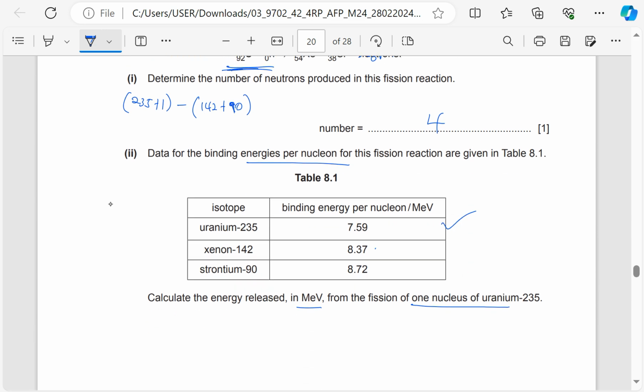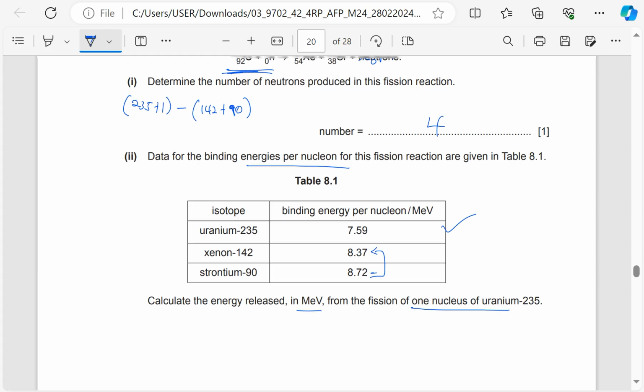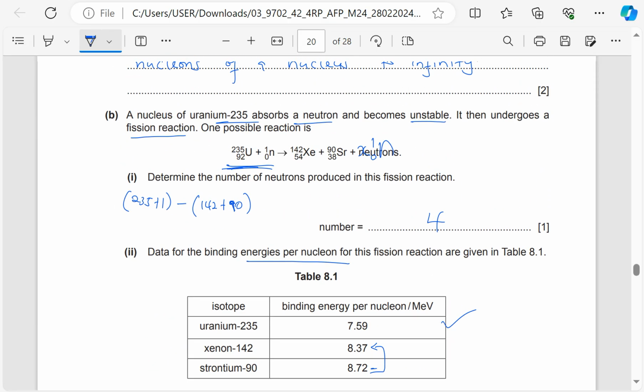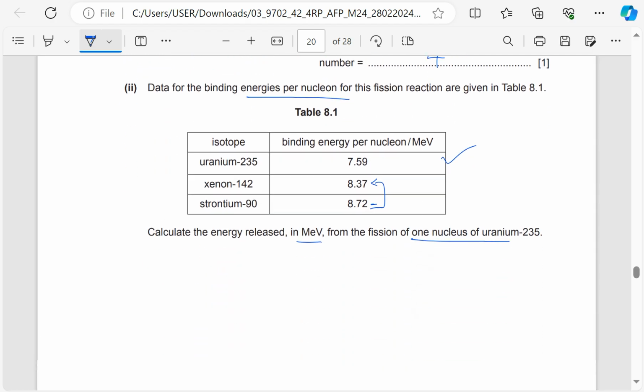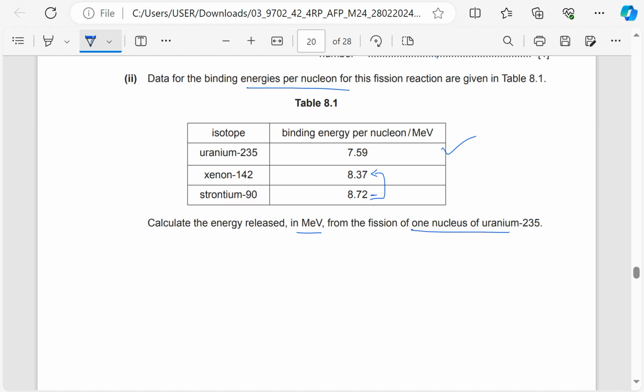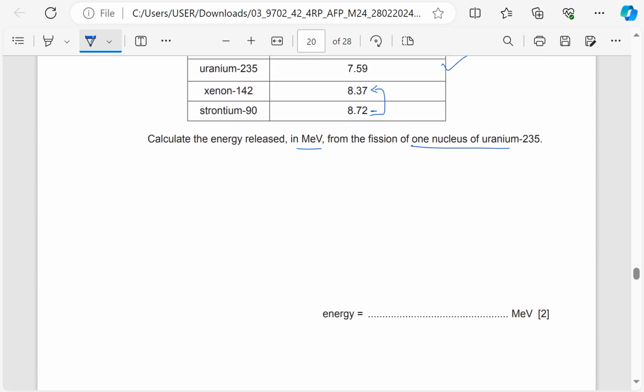On the right-hand side we have these two. We shall assume that the term binding energy does not apply to the neutron, so I will not consider the neutron here because it is not included in the table. So the difference in the energy is going to be equal to the energy released, but we want the energy in mega electron volts, not binding energy per nucleon.